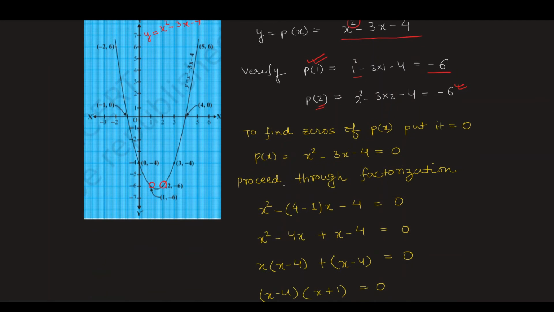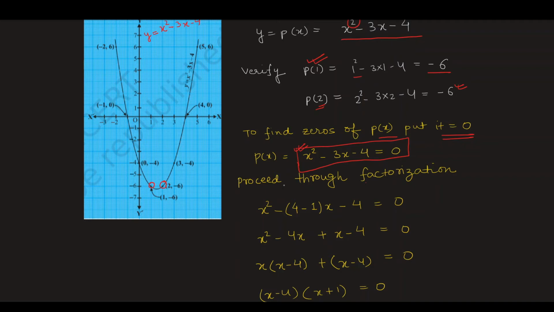Now to find zeros of p of x, put it equal to 0. That means x square minus 3x minus 4 is equal to 0. In earlier classes, you have learned how to calculate the zeros of this quadratic equation.